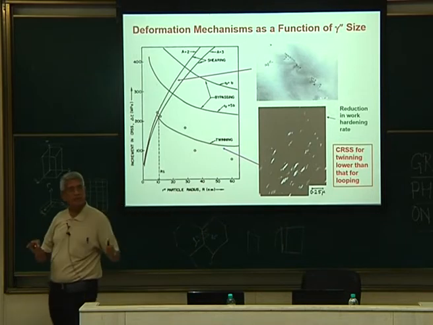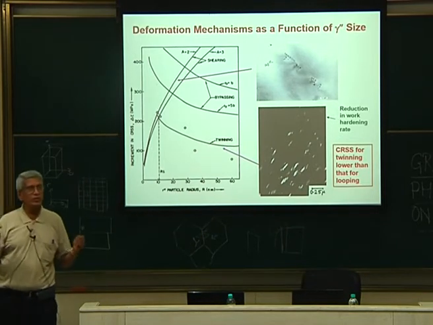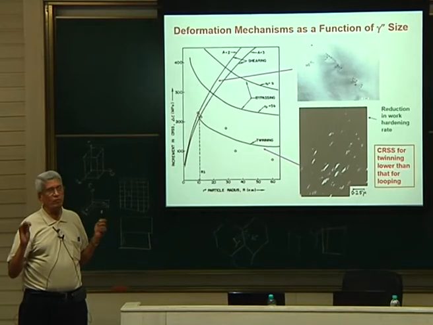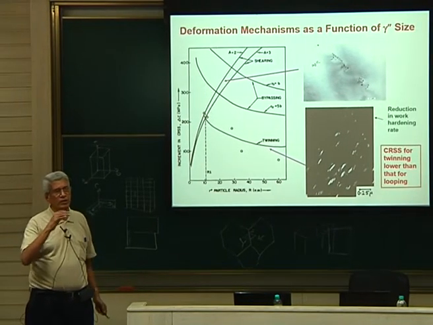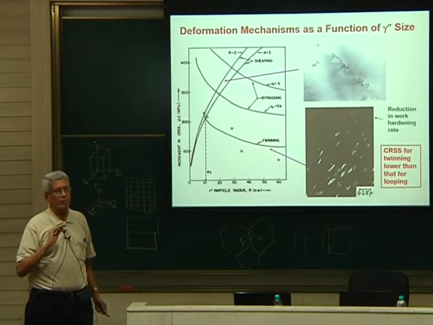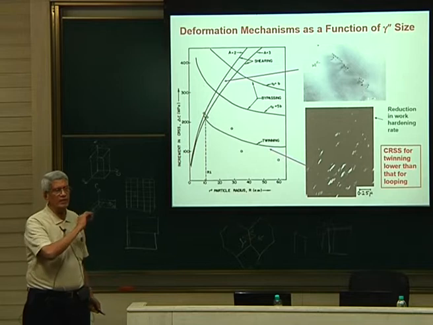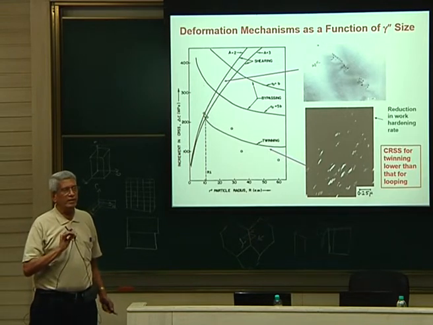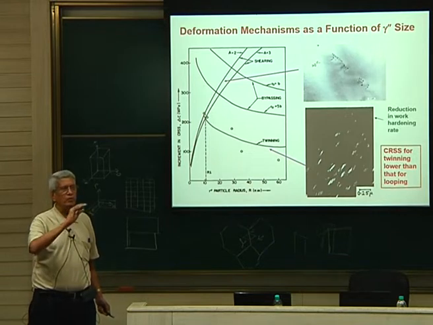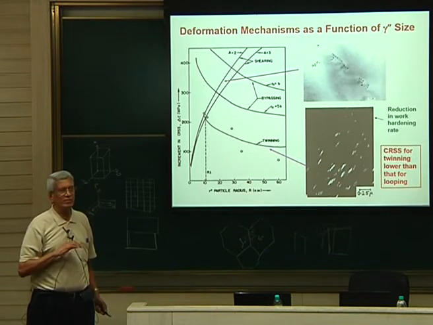Volume fraction remains the same. When you age a sample, once the nuclei has formed, in the aging condition, underaging is where the nuclei grow.